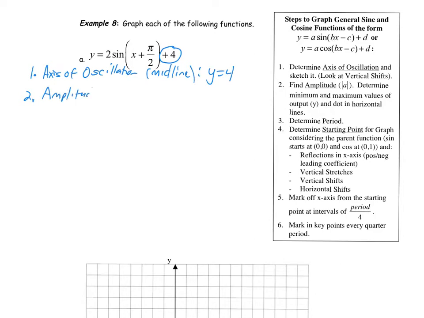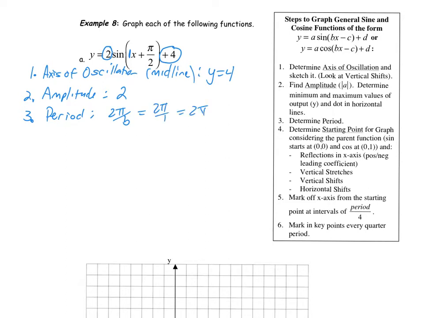So in order to determine the amplitude, we look at the a value, this coefficient outside the function. So the amplitude for this function is 2. The next thing we want to figure out is the period. So the period is always 2 pi over b, and b for this function is 1. So it's 2 pi over 1, which is 2 pi.